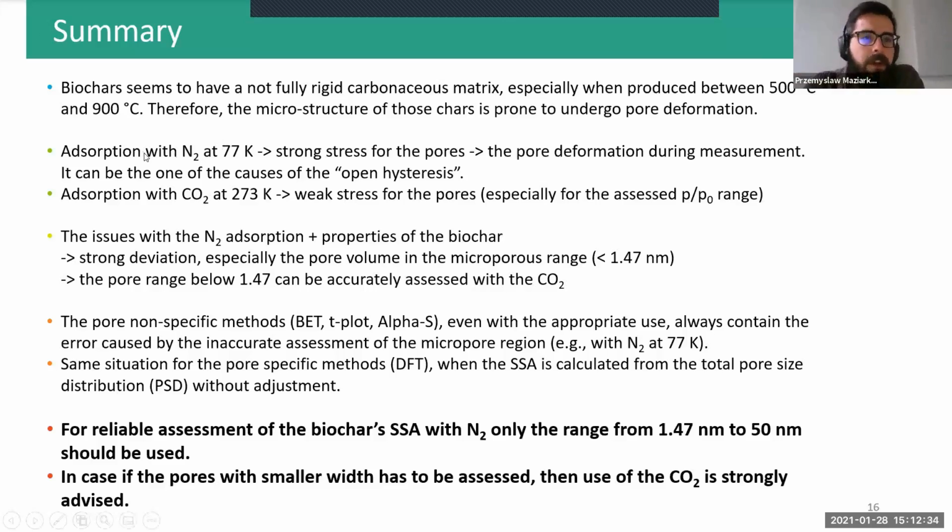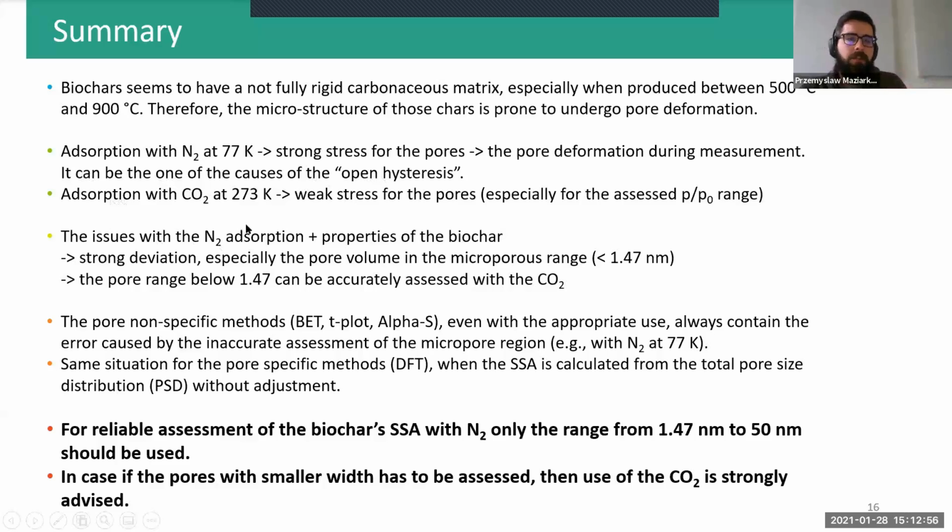In general, we suspect that adsorption with nitrogen at 77 Kelvin induces a very strong stress onto the pores, which causes the pore deformation. And that is also related with the appearance of the open hysteresis during the nitrogen adsorption measurements.